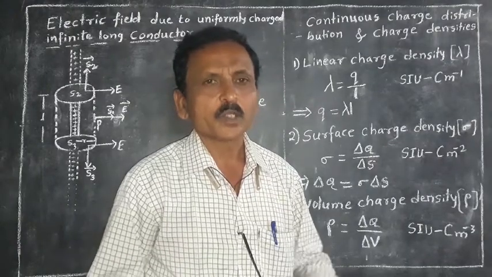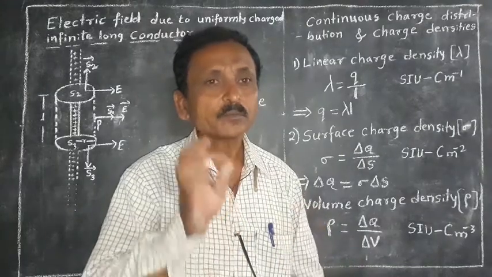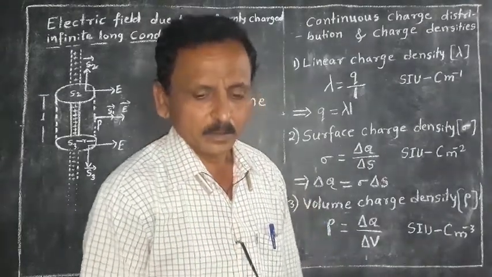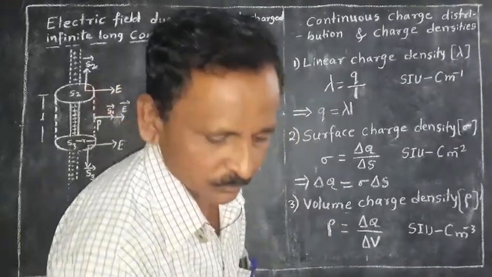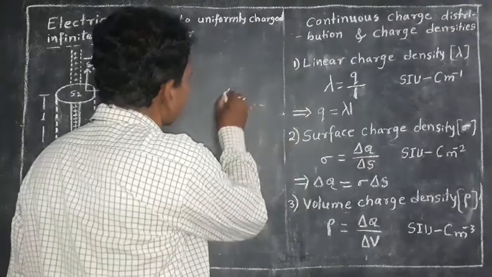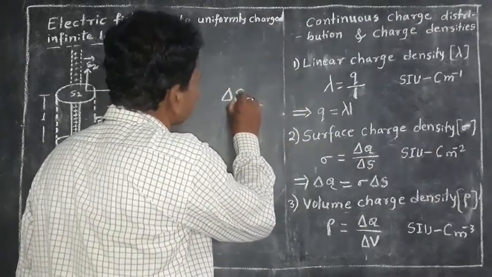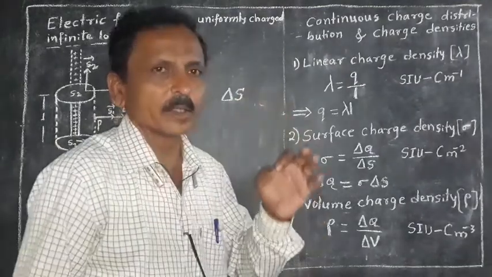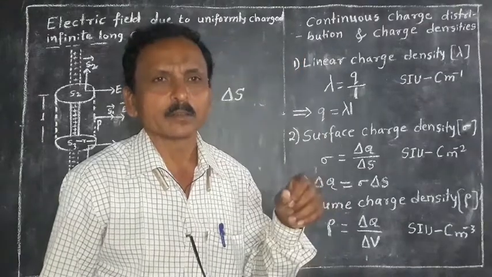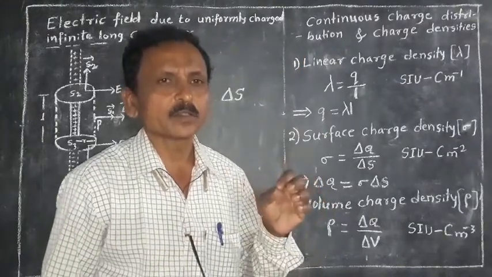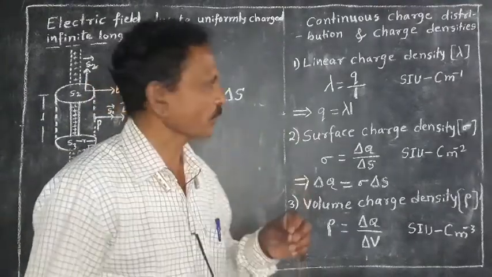Therefore, a charged body is subdivided into small elements, and the surface area of such an element is taken as delta S. The area delta S of the small element is very small at the macroscopic level, but it contains a large number of charged particles.